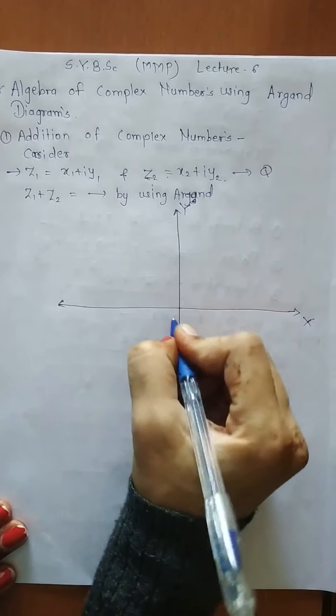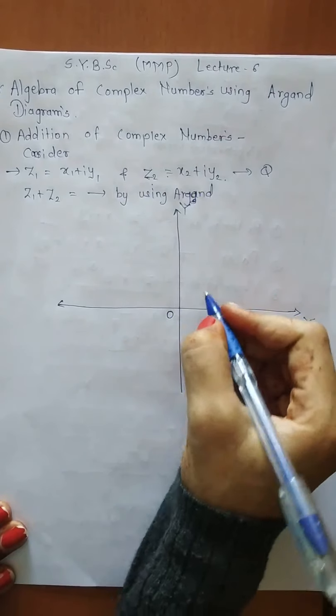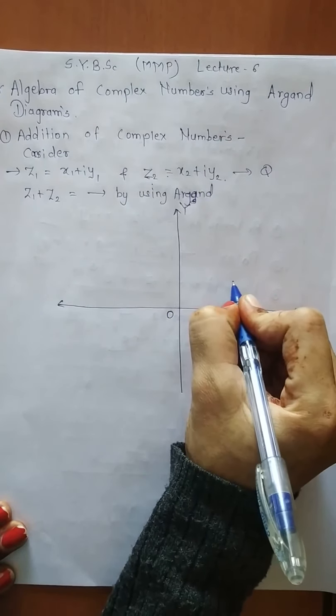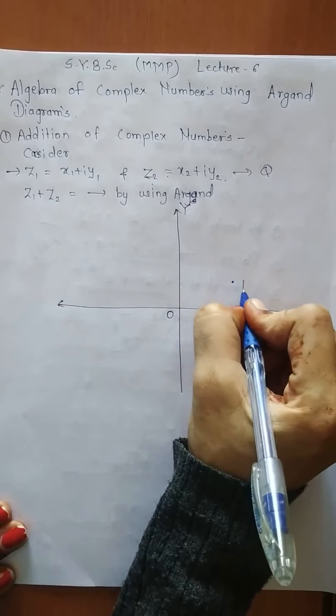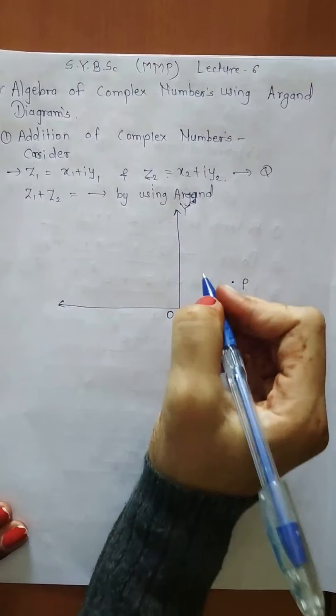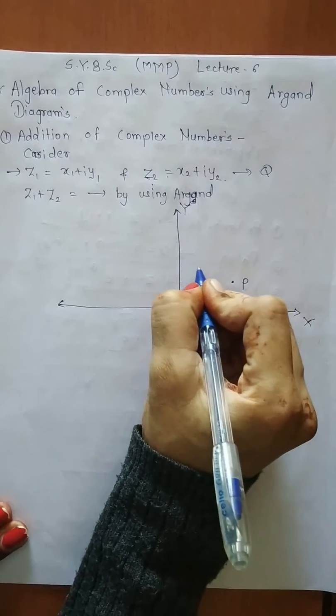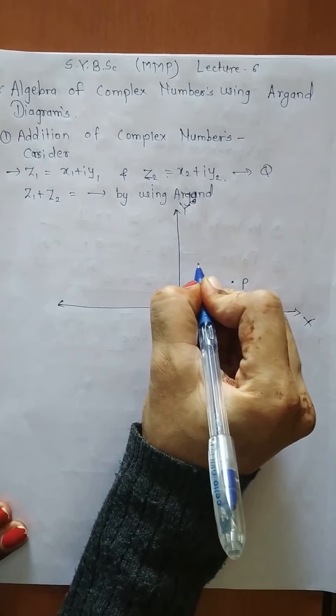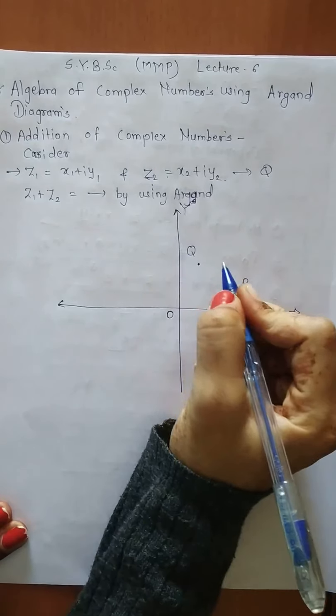Let me say this is the origin O. Now let's say point P is over here. So this is point P which will represent complex number Z1, and at this point I have point Q.